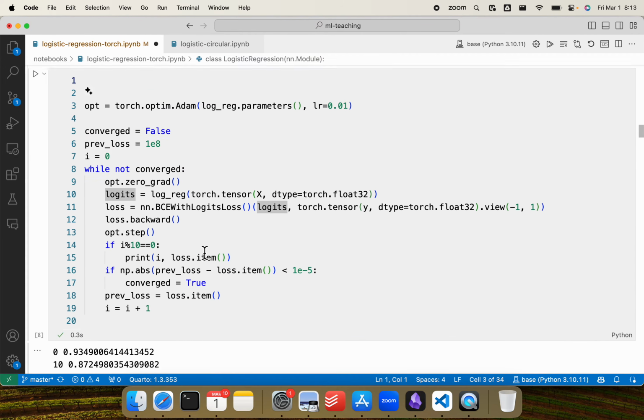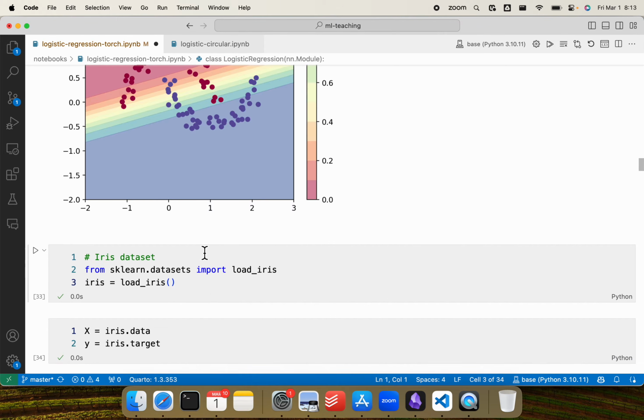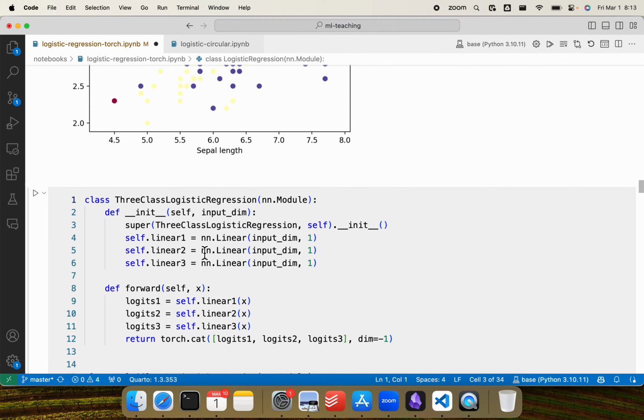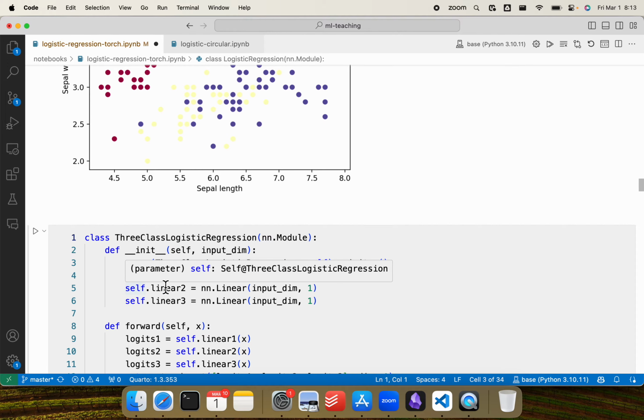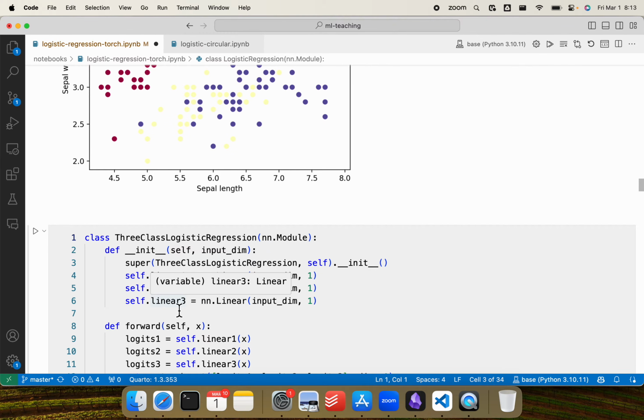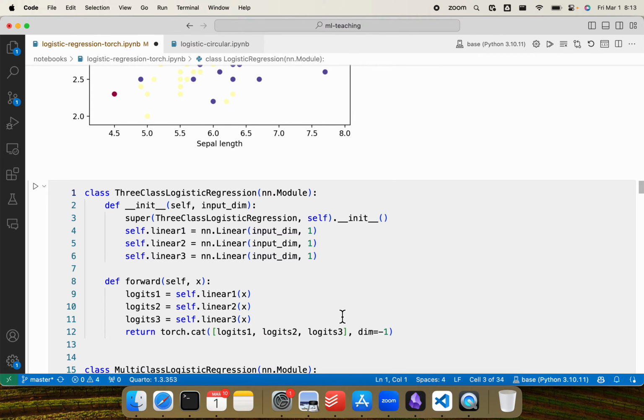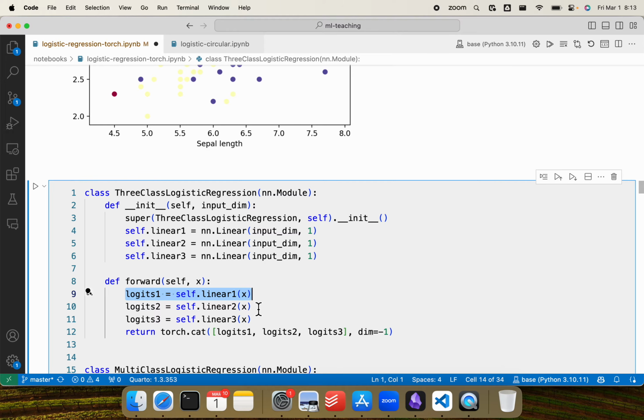Now what I'm saying here is that we want to extend this to multi-class classification. So therefore, I create three different objects, linear 1, linear 2, linear 3. These would correspond to logits 1, the logits corresponding to class 1, which is x transpose theta 1, then logits 2 is x transpose theta 2, and logits 3 is x transpose theta 3.